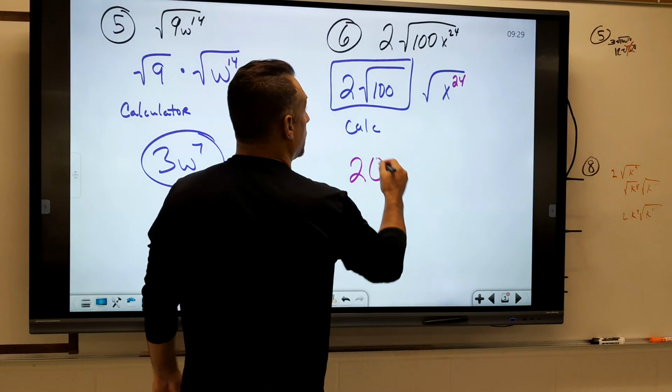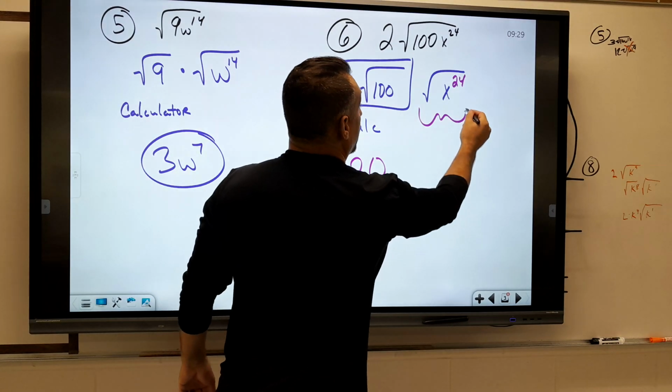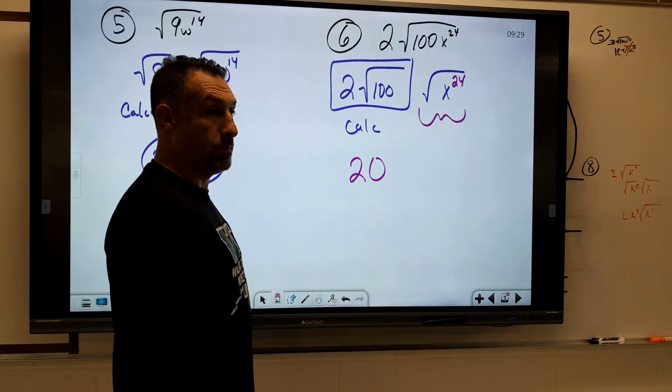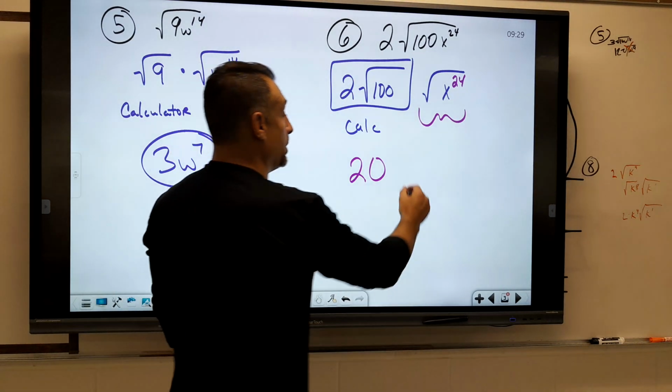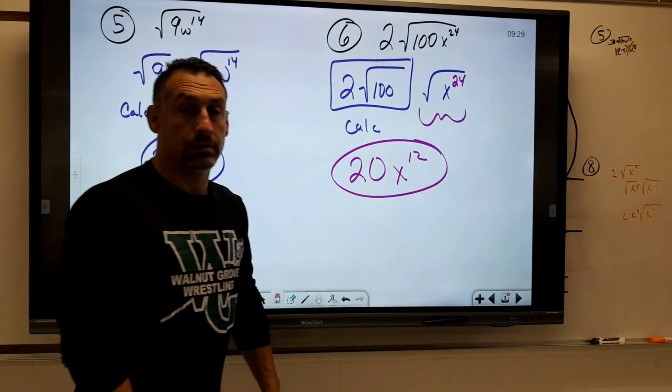Use that one, because that 2 is in the wrong place. Okay, so we get 20, and then you half that exponent. What do you get when you half 24? Yes, so it's x to the 12th power, and that's our final answer.